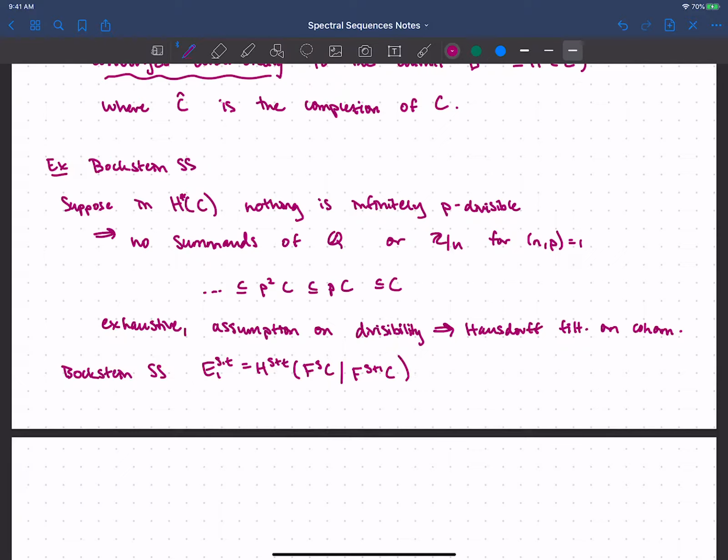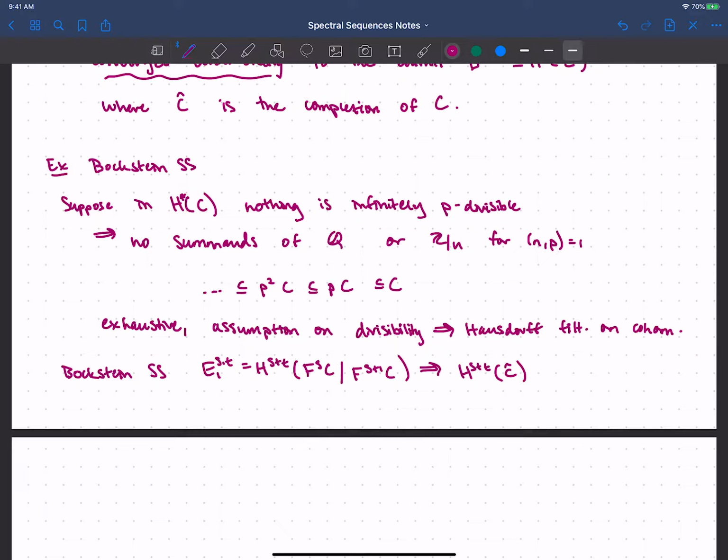Okay, well this is just coming from a filtered complex, so we've already seen that, and this converges conditionally. I guess this really converges conditionally to the completion.